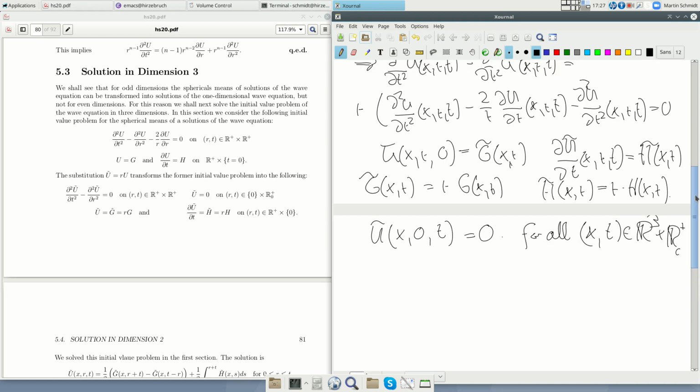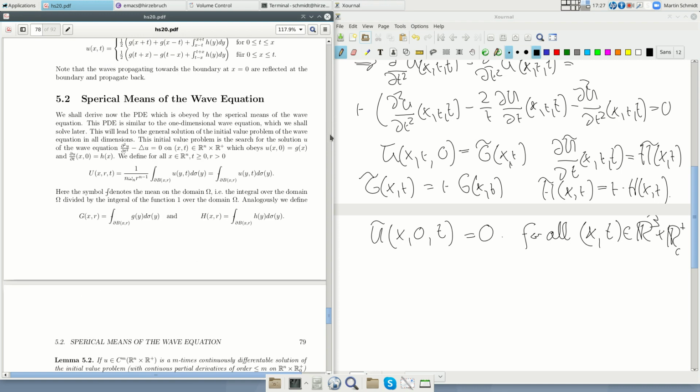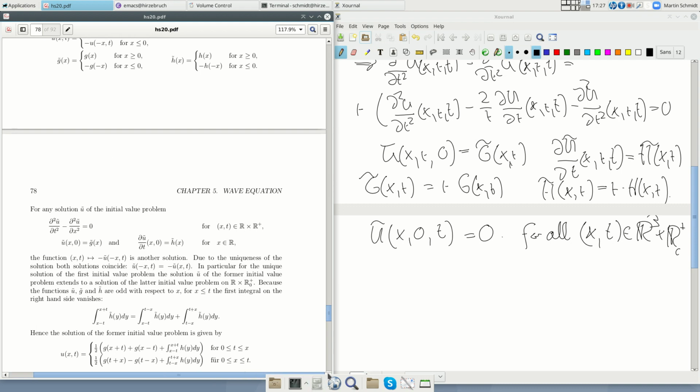Now this initial value problem we already solved. This is exactly the reason why we solved it in the first section. So here is the solution.